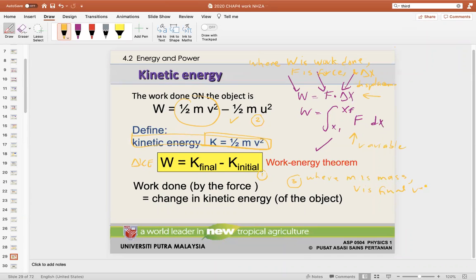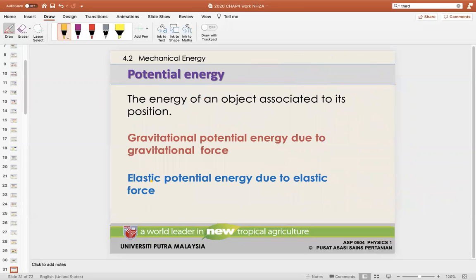You have to define all the physical quantities. V is final velocity, U is initial velocity. So you have to define what is M, what is V, what is U. Okay, so that was only kinetic energy, and change in kinetic energy is a different thing.